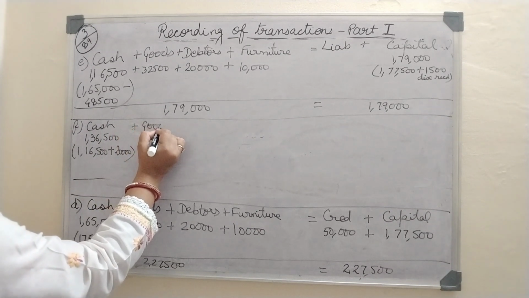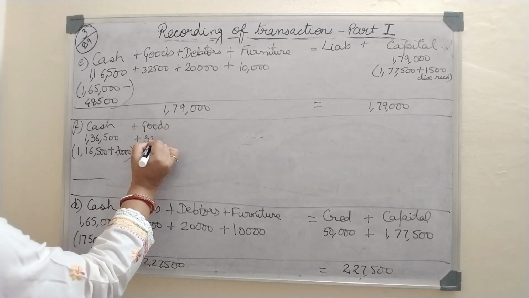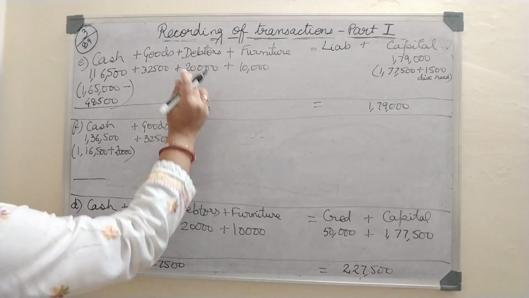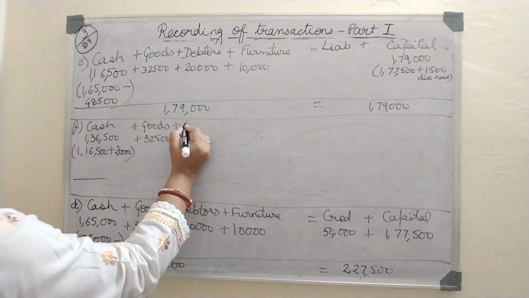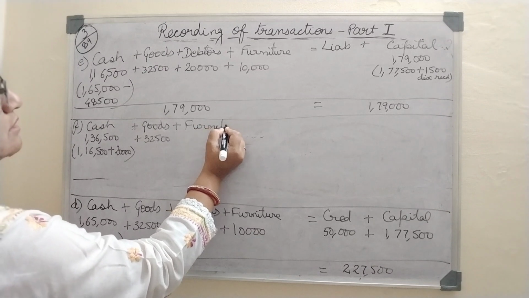Goods will remain the same. This debtor is reduced now. So next thing is furniture.